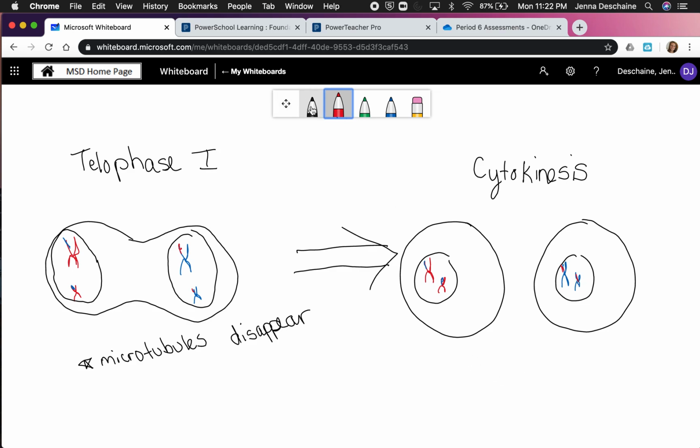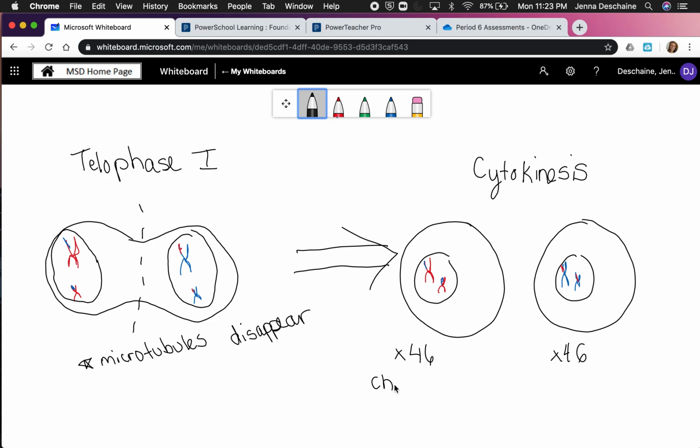So pretty much all that happens during cytokinesis is the cell kind of just splits right down the middle, and then we have two cells, okay? But it's important to note right now that these cells still have 46 chromosomes. Okay, so they have 46 of those X's, all right? But we have to do one more phase of meiosis in order to make sure that the resulting cells have 23 chromosomes instead of 46, all right?